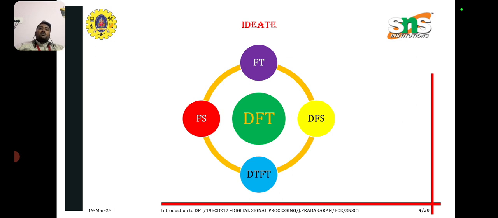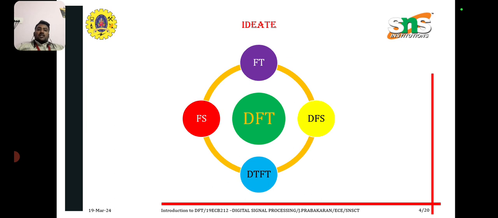DFT allows us to analyze signals in the frequency domain by decomposing a signal into its constituent frequencies. We gain insight into its spectral content, enabling us to identify important frequency components or filter out unwanted frequencies.